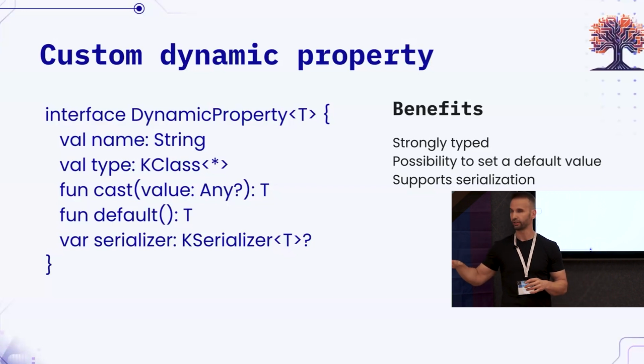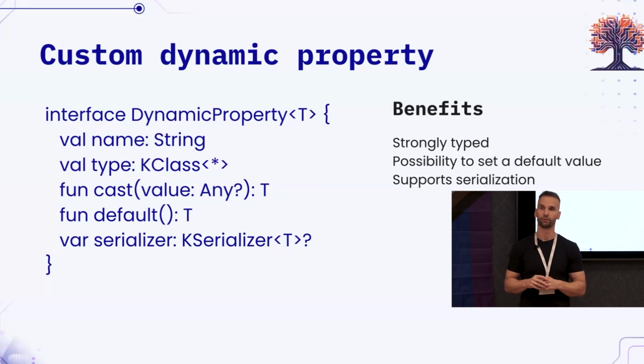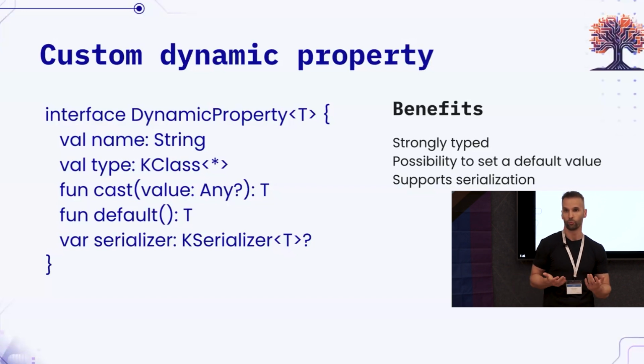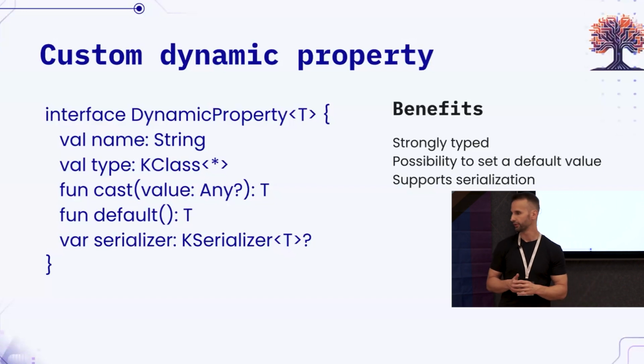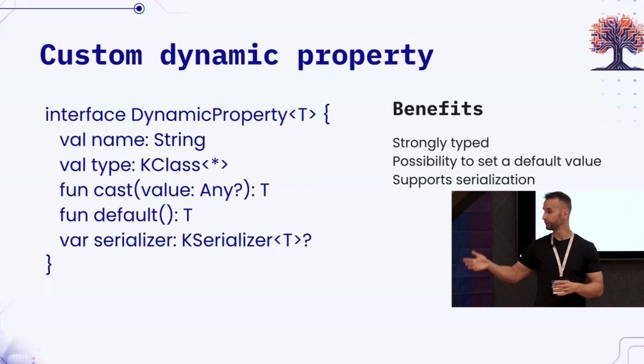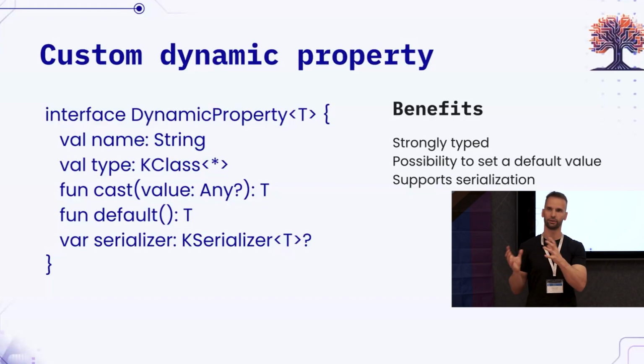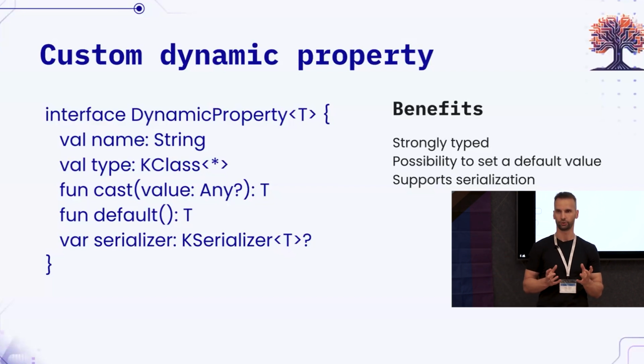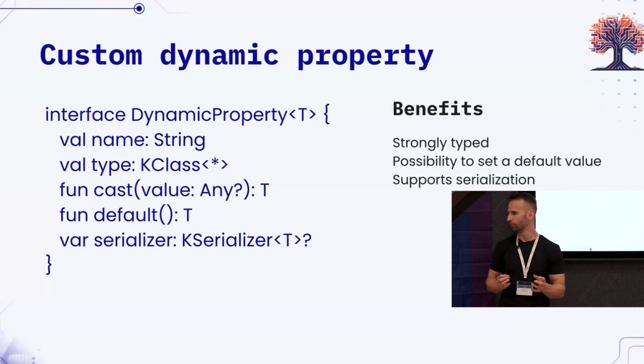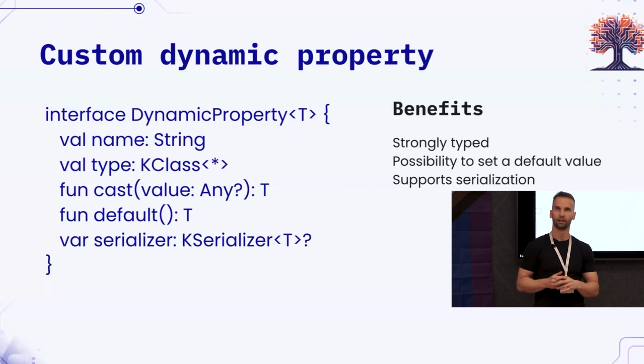And then there is the serializer. That's a big thing for me: the ability to inject a custom serializer, just in case it's a custom object which I need to write a custom serializer for. And there are two methods that essentially box the generic value into the type the value is supposed to have. One of them is casting.